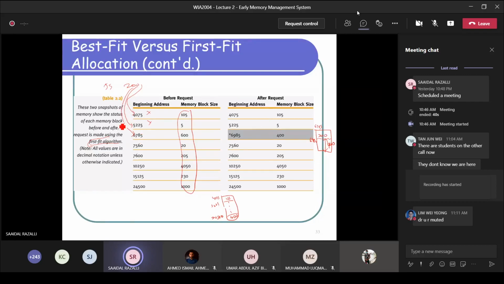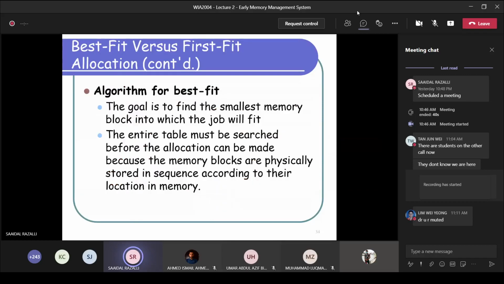In the first fit, it will search one by one until it finds the partition that can fit its job size. So 6785 plus 200, 6985. So 6985 left 400 unused memory space. So this is the first fit algorithm.